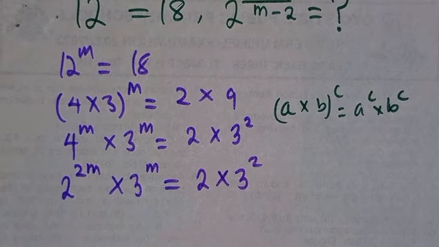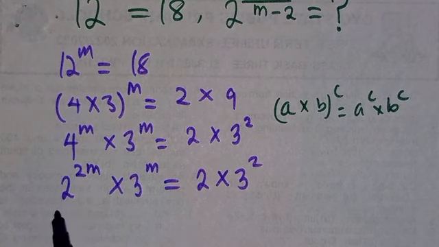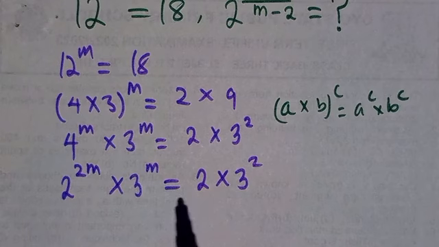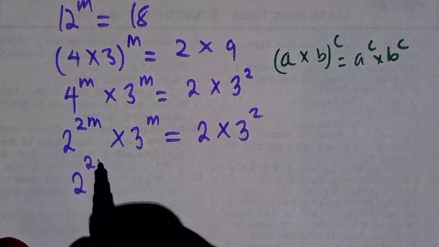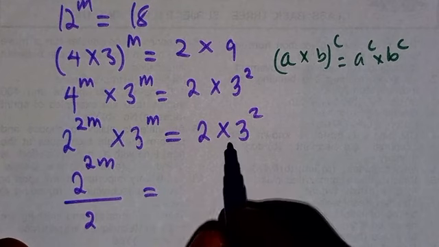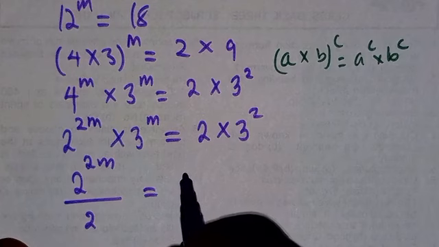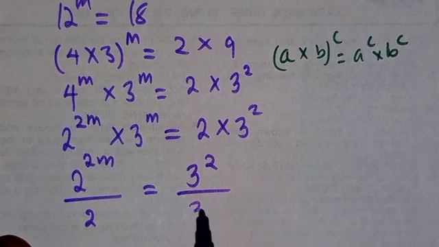So now the next thing we are going to do is compare. If I divide both sides, 2 to the power 2m will be divided by 2, which equals 3 to the power 2 divided by 3 to the power m.